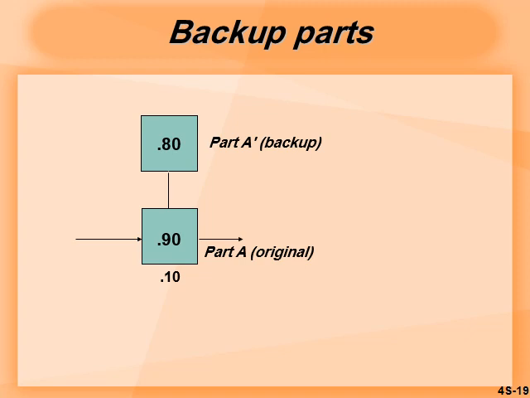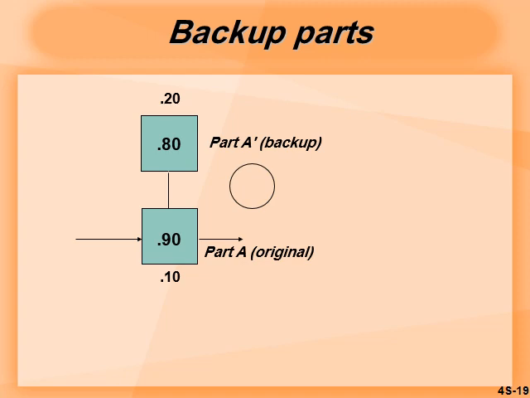We have part A prime, the first backup part, with its probability. They are represented vertically because we will never have both of them operating at the same time. The task is done by either A or A prime.